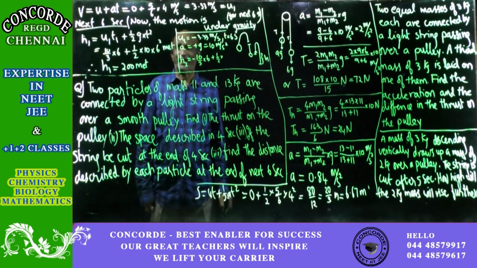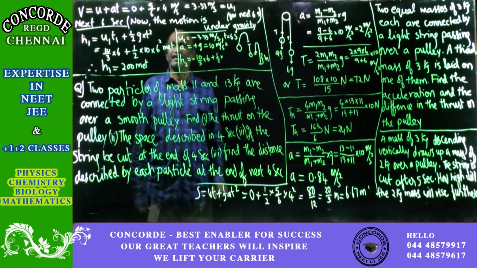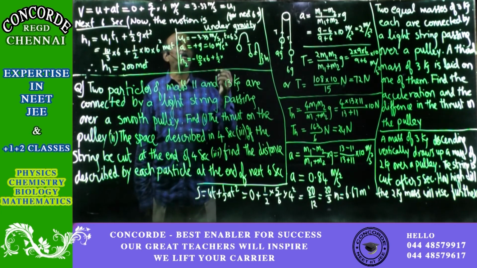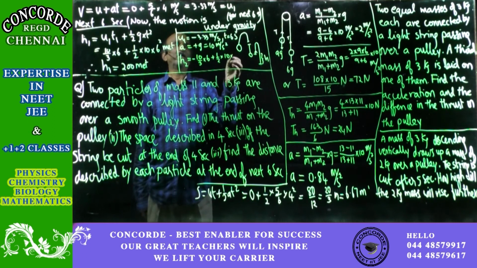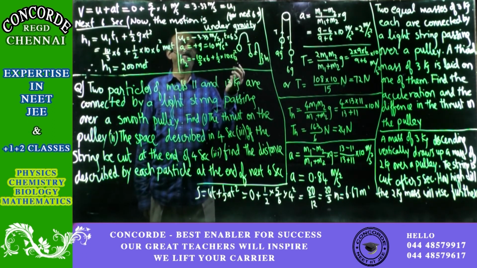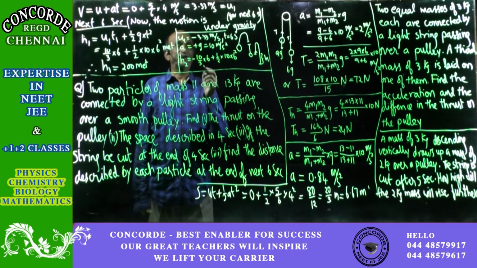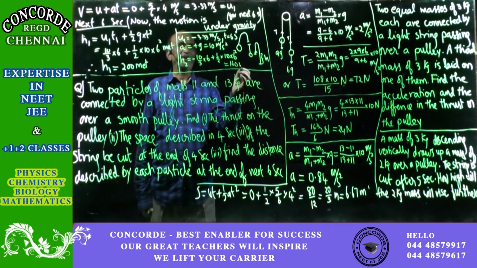If you get a negative answer, change whatever we have taken as positive, put it negative, that's all. So g is 10 and t square is 6 square, which we already know is 180. If you want to check, this is 36 into 10, 360 by 2 is 180. The first term will be minus 20. Check it: minus 20 plus 180 will be equal to 160 meters.